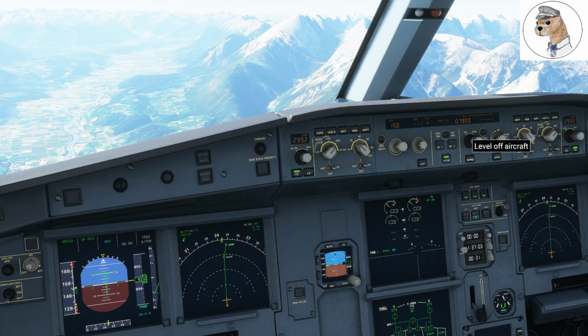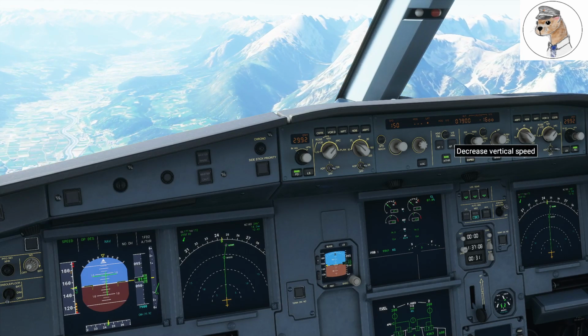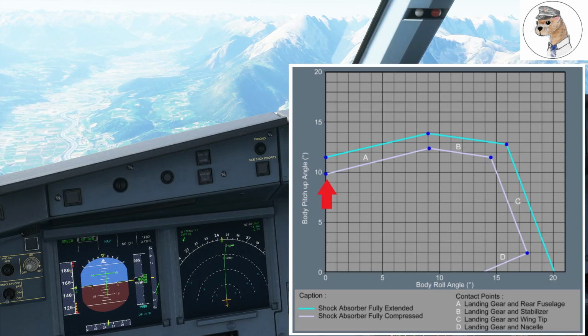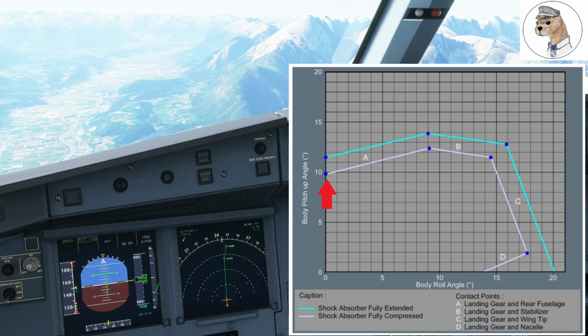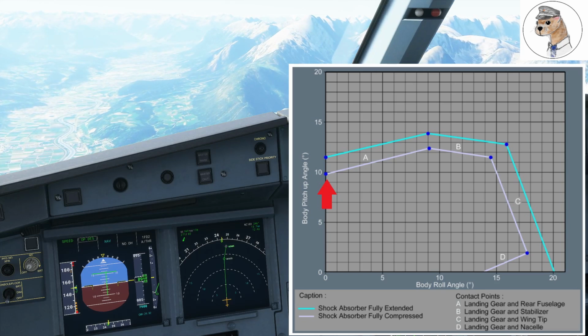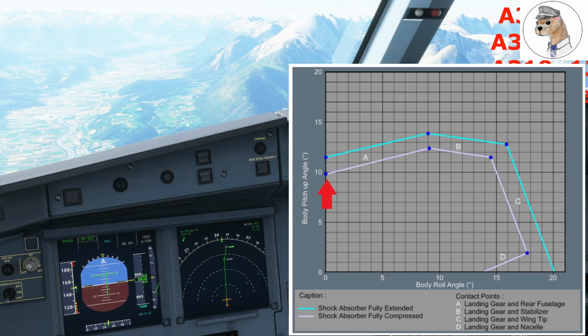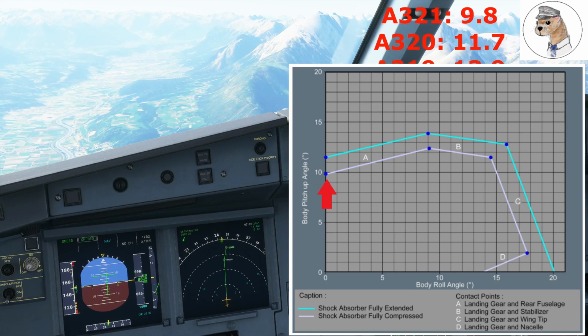After this, we've got a series of approach geometry diagrams. The first is the ground clearance diagram that helps us understand what pitch the aircraft can be on landing to avoid a tail strike. The key figures really are that the 321 can pitch to 9.8-ish.